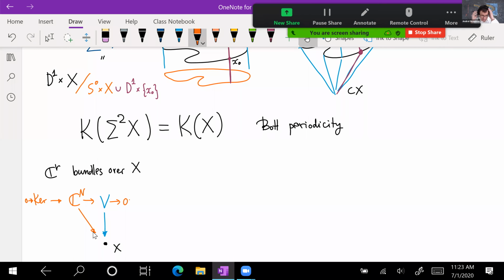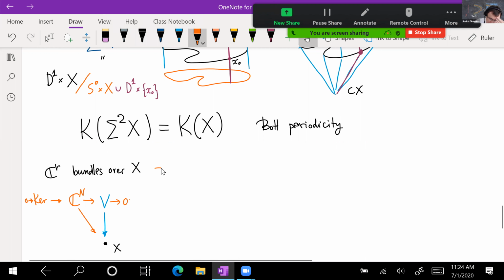That is to say that if I write V as a quotient of a trivial bundle, I have a map from X to the Grassmannian of codimension R subspaces in n-dimensional space. Or if I pick a metric, I can do dimension R subspaces instead of codimension R subspaces.